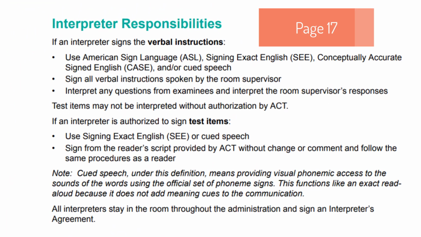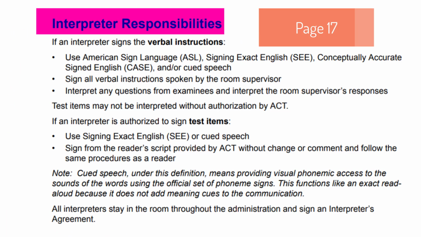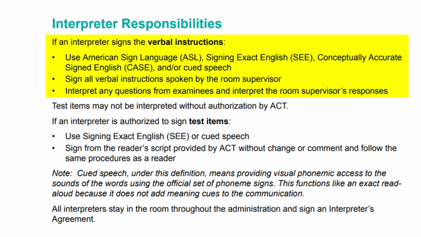And these are the interpreter responsibilities, and this is on page 17. If an interpreter signs the verbal instructions, use American Sign Language, signing exact English, conceptually accurate signed English, and/or cued speech. Sign all verbal instructions spoken by the room supervisor.